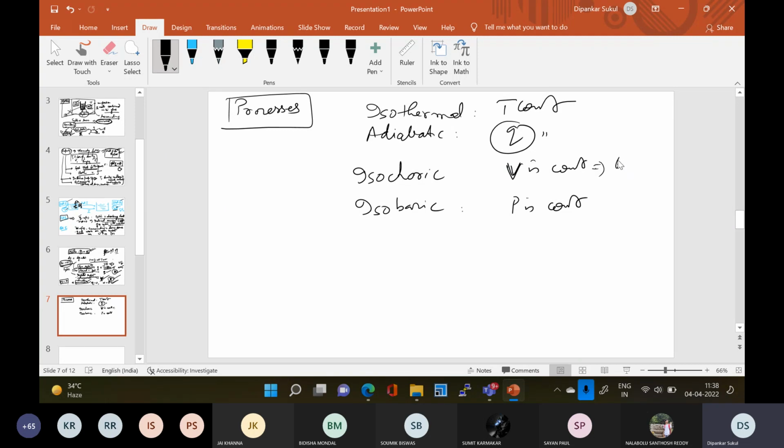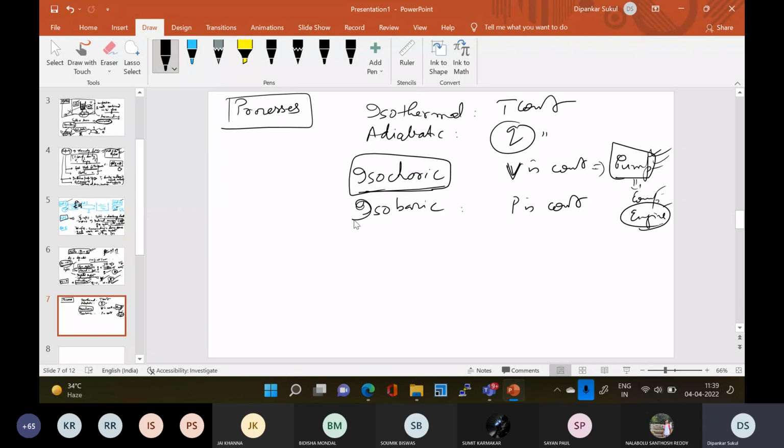Isochoric process, for example the pump. Though it is an open system, anyway, the pump is an example of an isochoric process. Or the compressor in your refrigerator, or the engine of an automobile, these are all examples of open systems and all are actually isochoric in nature, because they have fixed volume.